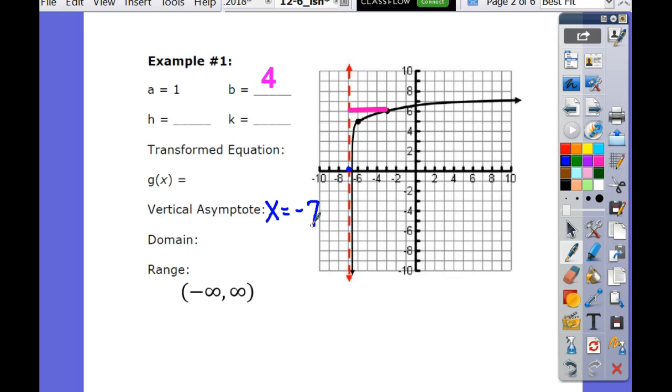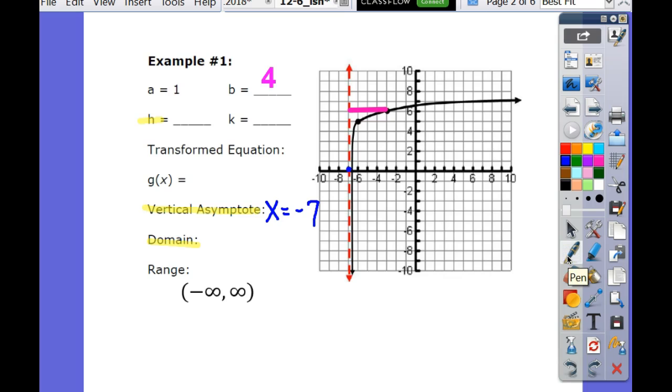The asymptote is x equals -7. And the asymptote's going to help us figure out the domain and the h.